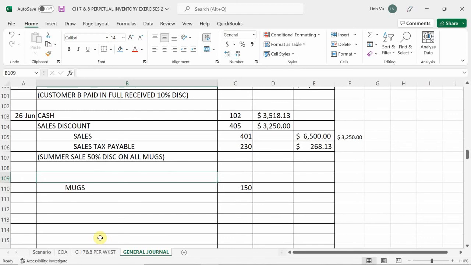Our cost of goods. Cost of goods sold. There you go. We need to figure out how much it cost me to sell those goods.